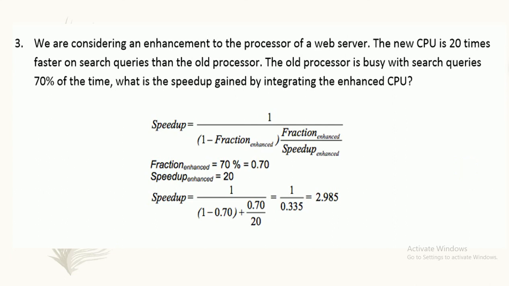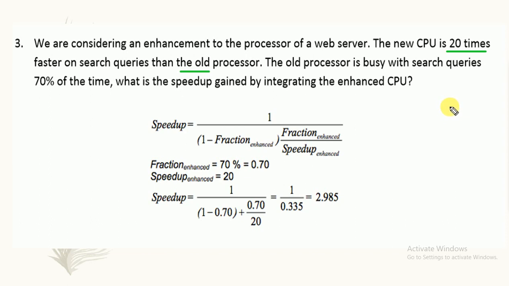One more example in relation with Amdahl's law. We are considering an enhancement to the processor of a web server. The new CPU is 20 times faster on search queries than the old processor. So speedup enhanced is 20. Just remember that.